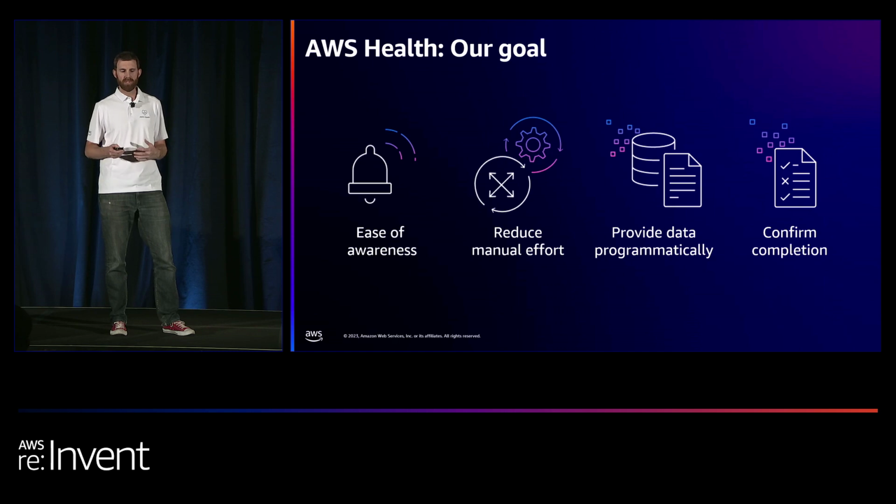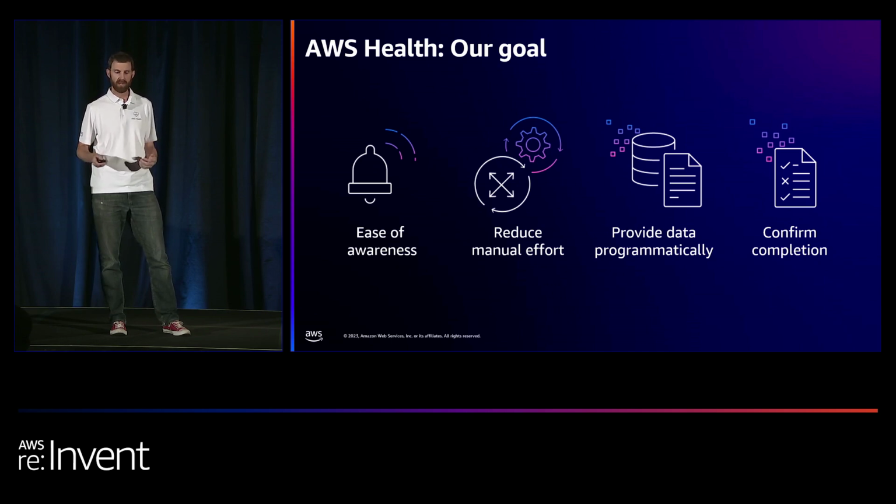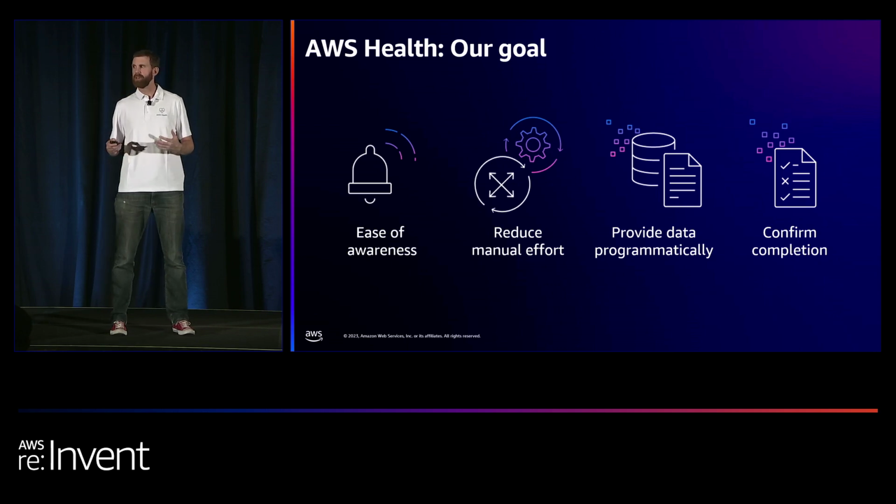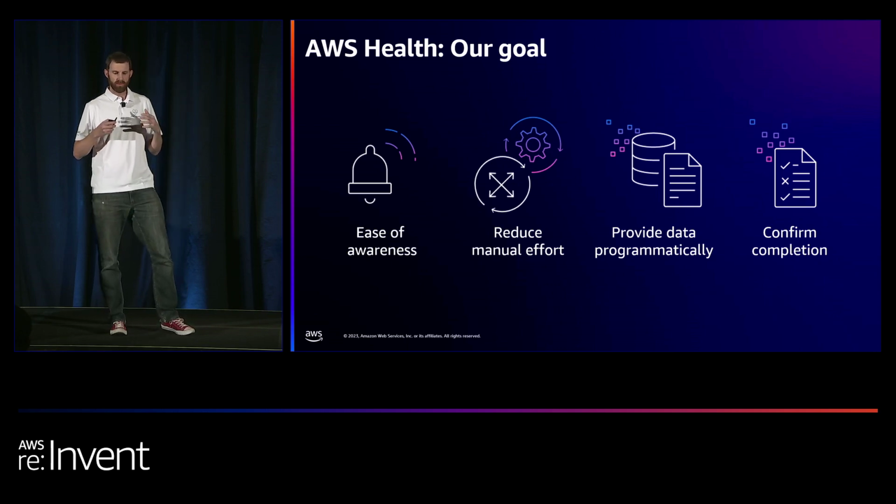And here the goal is that AWS Health wants to give you the ability to quickly determine what's important to you, what services are affected, which versions are coming, what actions you're responsible for. And through Health, you should be enabled to handle these events across your organization with minimal manual effort, managing and reporting on the event itself, allowing you to focus on doing the work involved and doing the upgrades or other actions required of you.